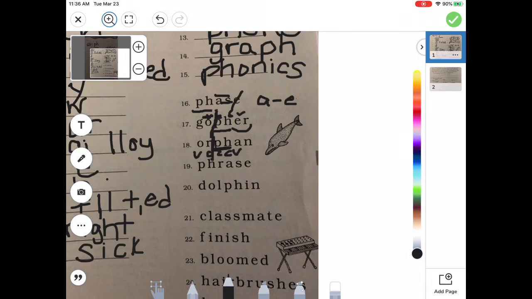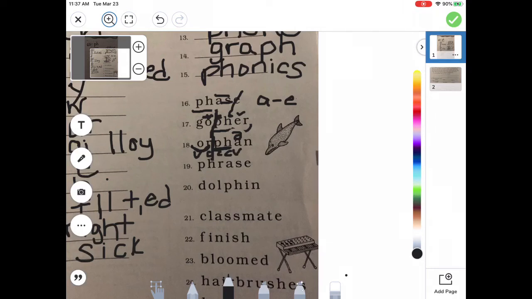So now I've got an O in front of an R, which is that OR combination. I've got that PH, which says F. So orf, and then this should be a short A, but look what happens. Orfan. Orphan. Does that sound right? No, this is one of those tricky A's, that schwa sound, so we're going to make it upside down. Orphan.